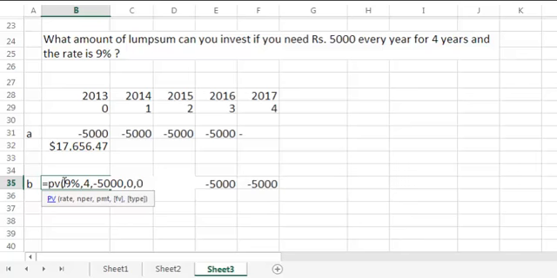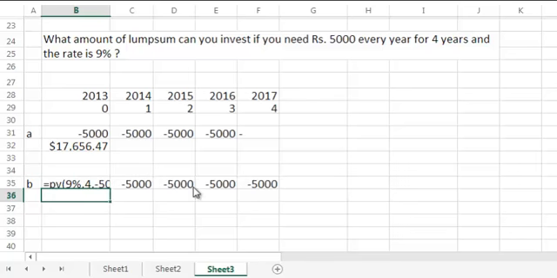Just to remind you, in case if you ever forget to put type, the system by default will take type as 0. The result is 16,198, which is lesser than what we got for beginning. So you end up investing lesser amount of money because you have more time before you withdraw the money.